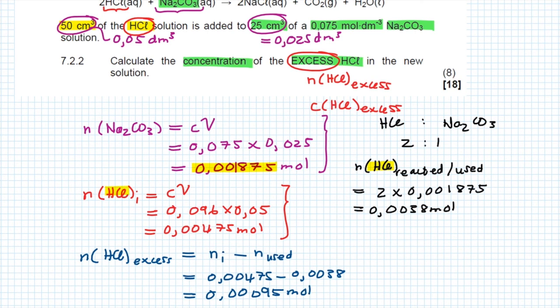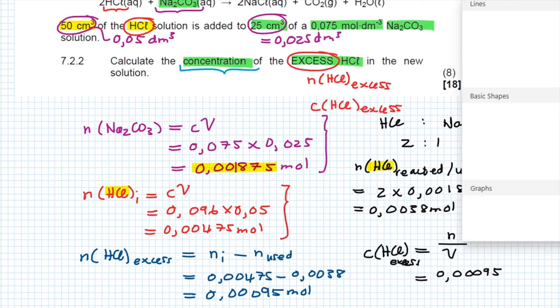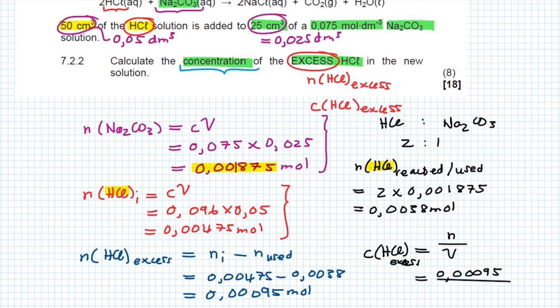We are looking for the concentration in excess. To calculate concentration, we say concentration of HCl, of course, is equal to number of moles divided by volume. We know that the number of moles in excess is going to equal 0.00095. But what is the volume going to be? Well, remember, we have now mixed two solutions together, a 0.05 decimeter cubed solution and a 0.025 decimeter cubed solution.